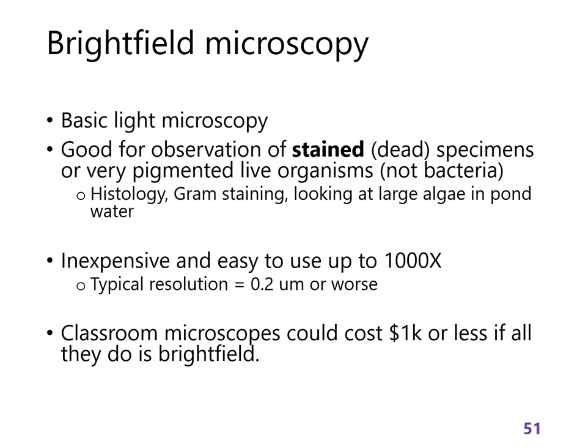They have to be dark and colorful. This is the least expensive kind of microscopy, and it has this resolution around 0.2 of a micrometer. If you get a classroom microscope and it's only going to be used for histology, you can get a bright field microscope for less than $1,000.